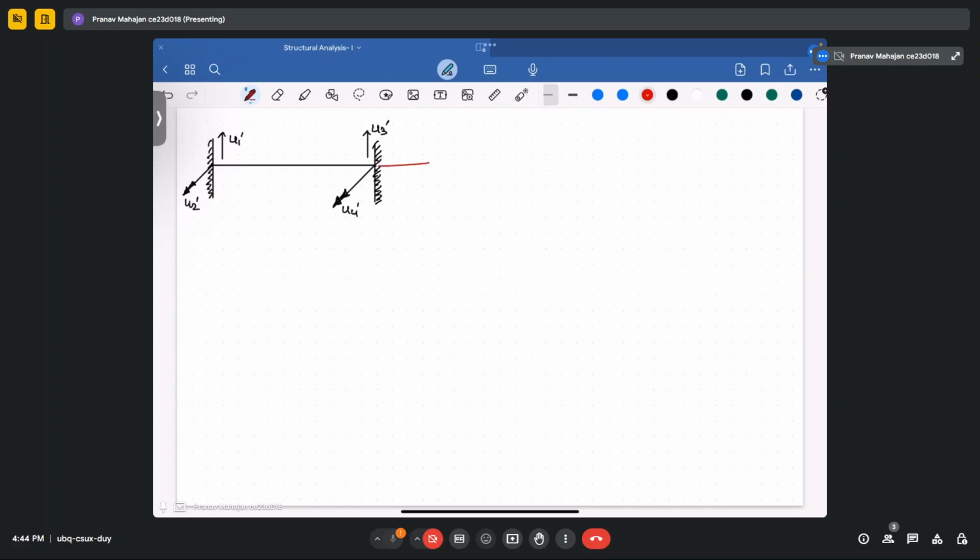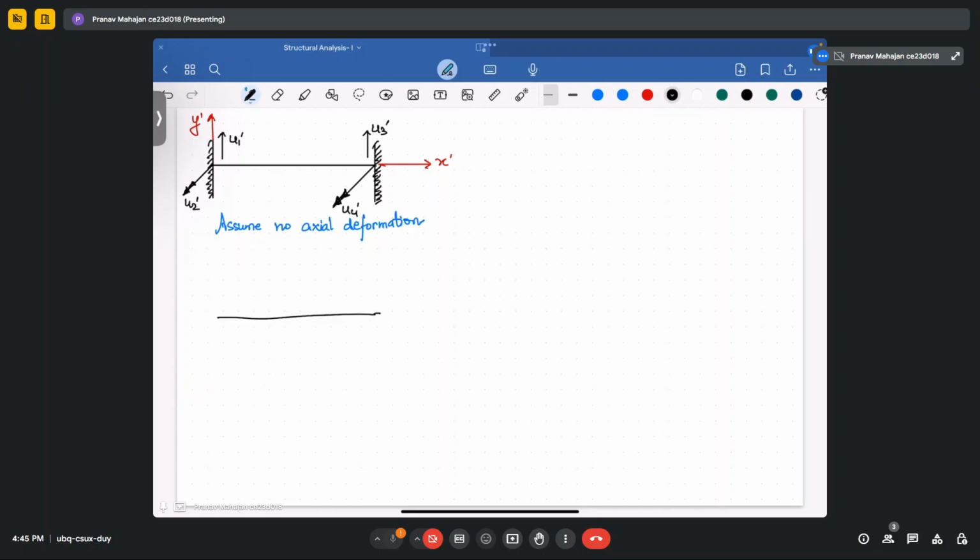Let the coordinate system be like this. So this is your x dash and this is your y dash. And assume there is no axial deformation. Okay. So in this case, how can you derive the stiffness matrix?